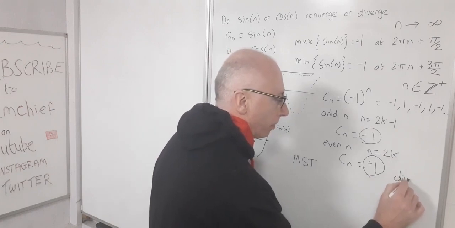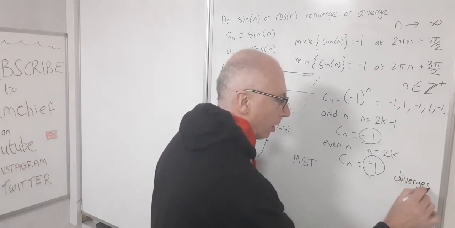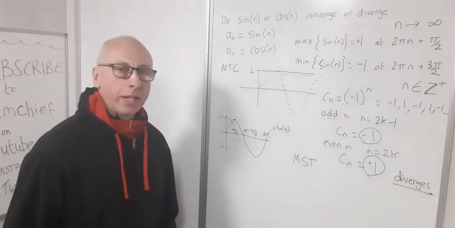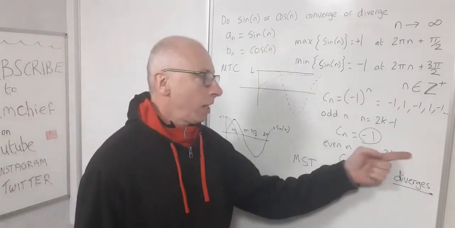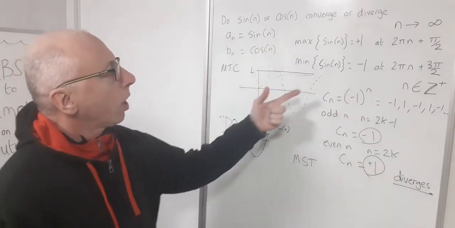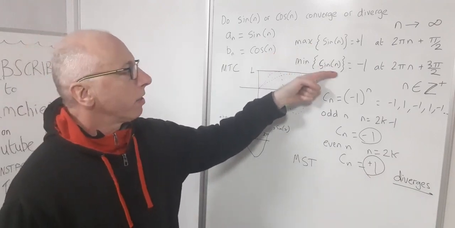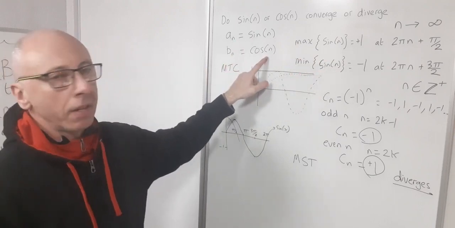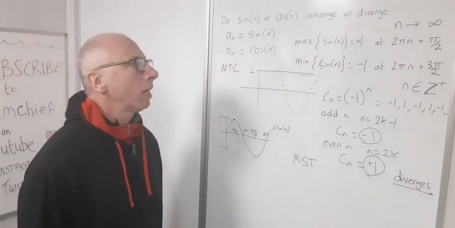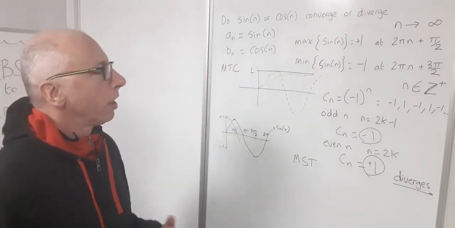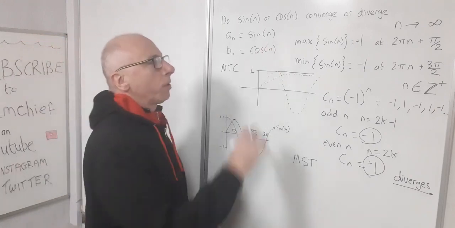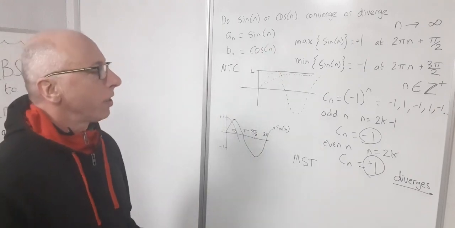So I'm going to write here, diverges. Okay, so this sequence here diverges. Now if we go back to our maximum and our minimum of our sine sequence, a of n and b of n, sine and cosine behaving very similarly, we can also conclude that sine of n and cosine of n also diverge.